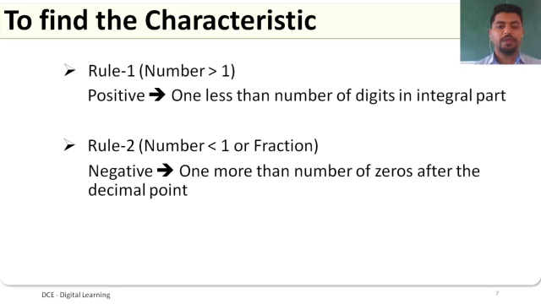So rule 1, when the number is more than 1, then characteristic is positive and it is 1 less than the number of digits in the integral part. Whereas rule 2 says when the number is less than 1 or when number is a pure fraction, the characteristic is negative and it is 1 more than the number of zeros immediately after the decimal point.